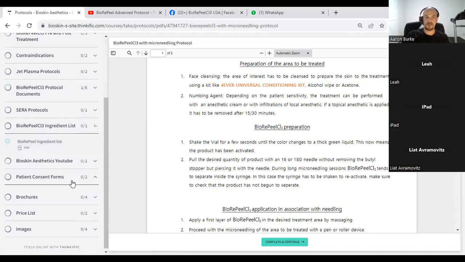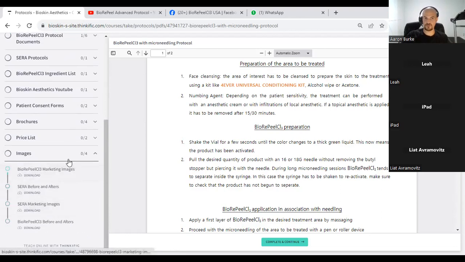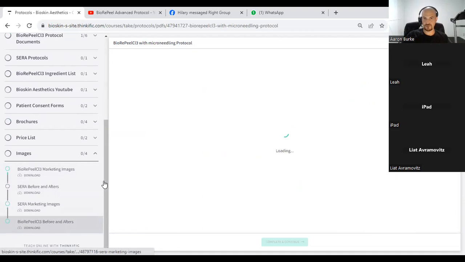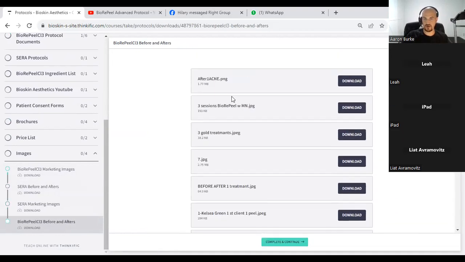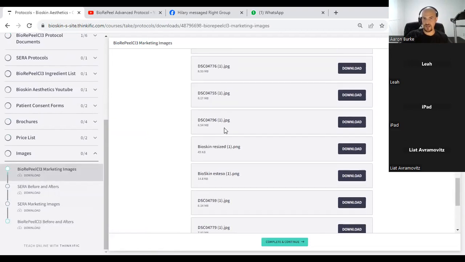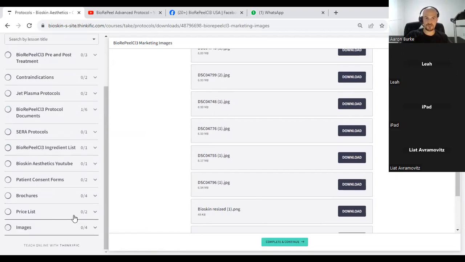Ingredients lists, patient consent form, and then you've got some marketing stuff, brochures, images, and when you go in here, there's just a couple dozen images in there. You've got some more marketing stuff in here, so there's lots of collateral that you can use for some of your own marketing stuff or whatever.